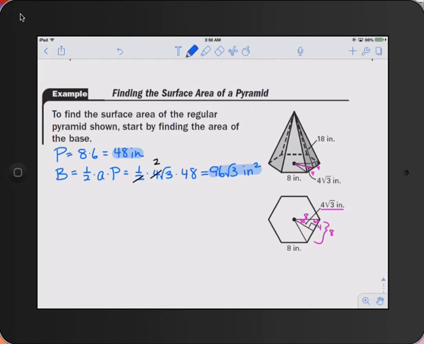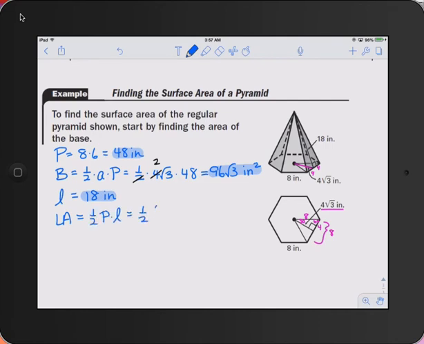Okay, our slant height, I don't need the height this time, I need the slant height, is 18 inches. When we get to volume, we will need the actual height, but right now we only need the slant height. Okay, the lateral area is 1/2 perimeter times slant height.